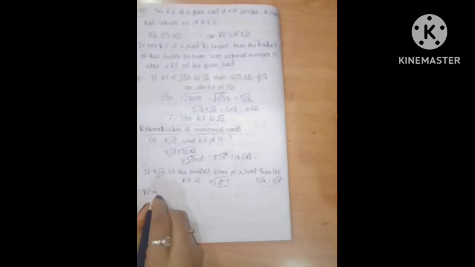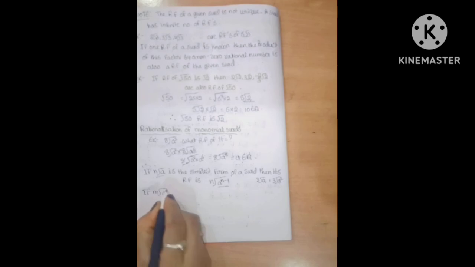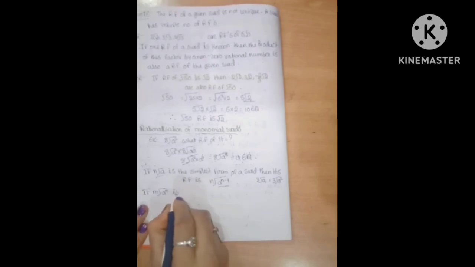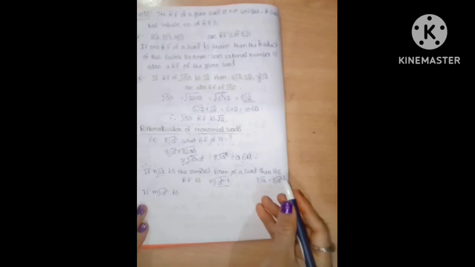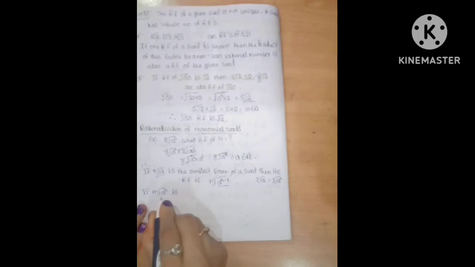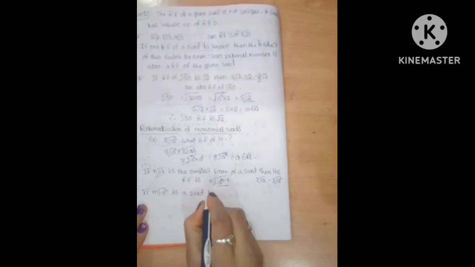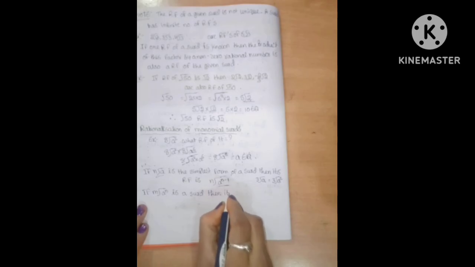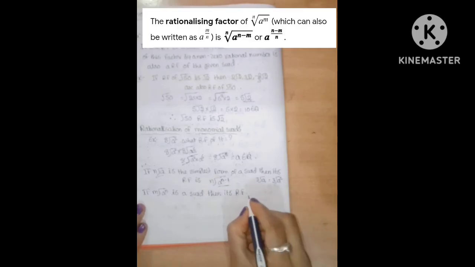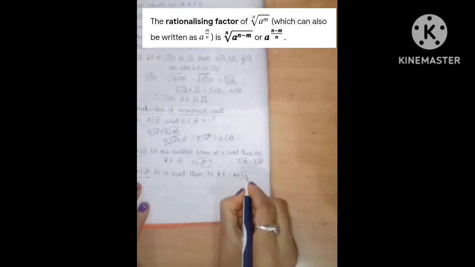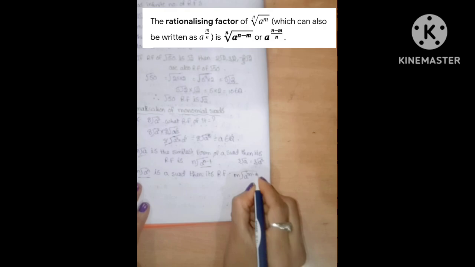Next, another one. If the mth root of a to the power of n is the simplest form of a surd, then what's its rationalizing factor? The mth root of a to the power of m minus n.